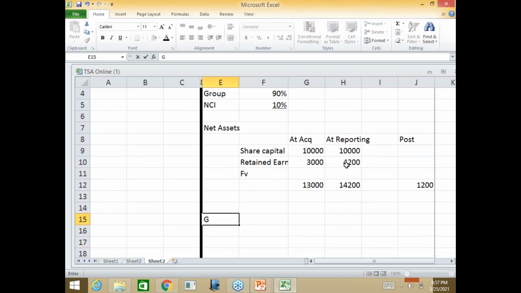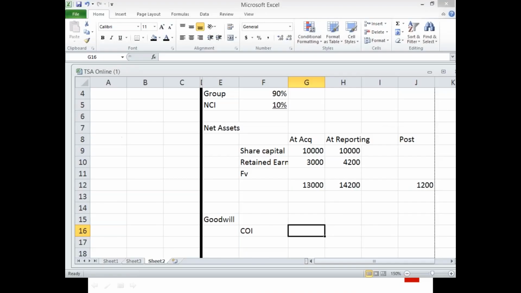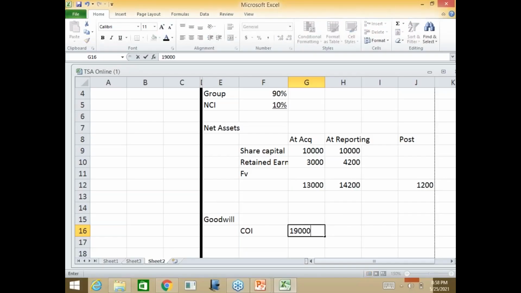Then we need to calculate the goodwill figure, which starts from the cost of investment. And the question is saying that we have acquired the shares for 19,000. That is the cost of investment. Then we need to take the NCI at acquisition.